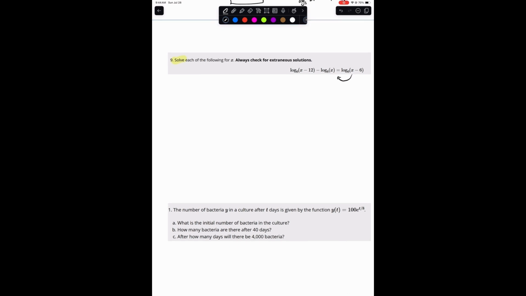So I have log base 6 of x minus 12, minus log base 6 of x, minus log base 6 of x minus 6, and this all equals 0.